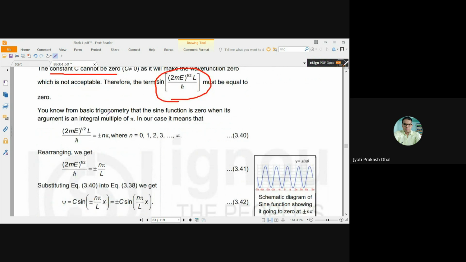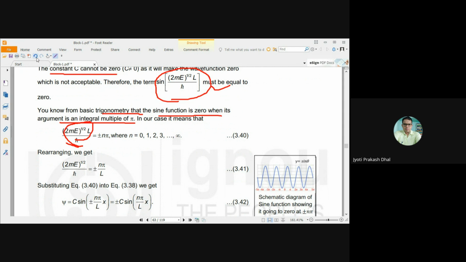And again we know from basic trigonometry that the sine function is 0 when its argument is an integral multiple of pi. That means sine pi, sine 2 pi, sine 3 pi will become 0.